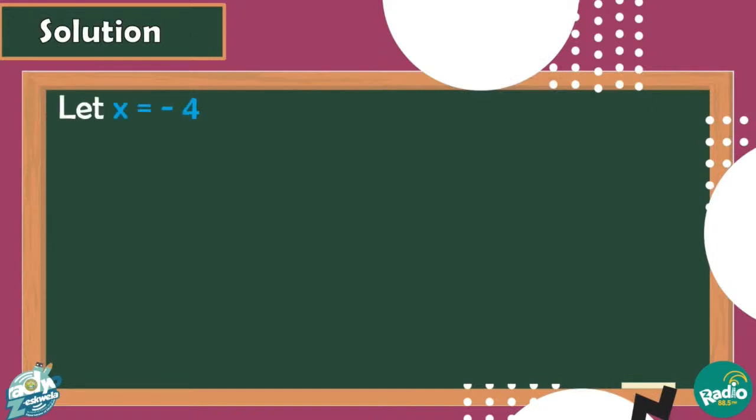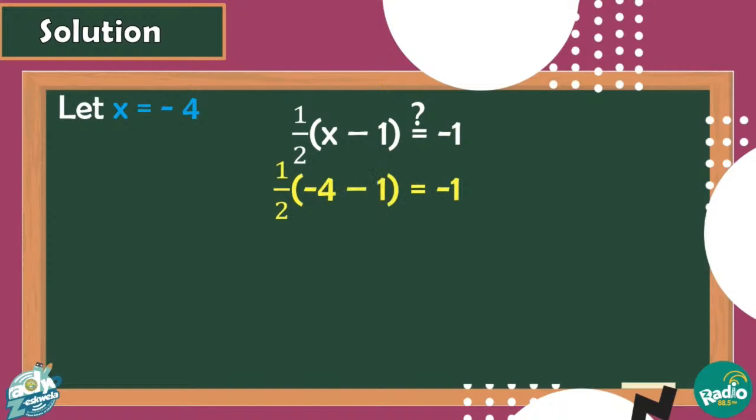Let's begin with x is equal to negative 4. First, simply copy our given equation, which is 1/2 times the quantity x minus 1 is equal to negative 1. Next, substitute the value of x to our given equation.